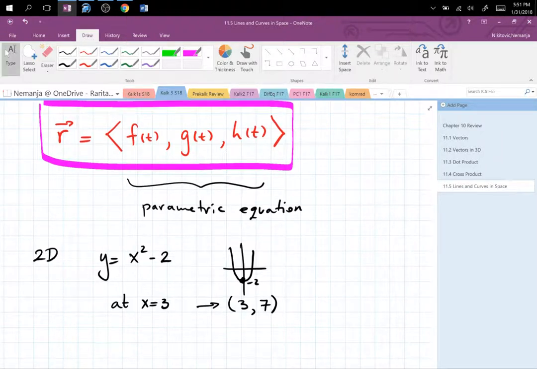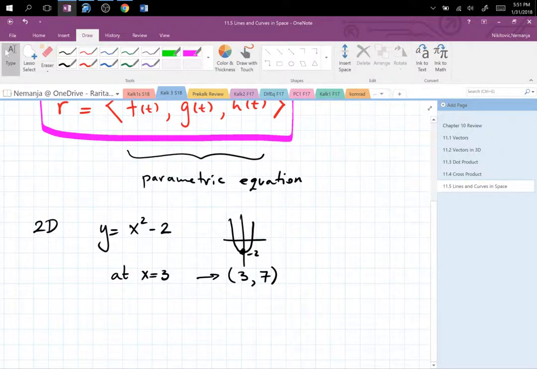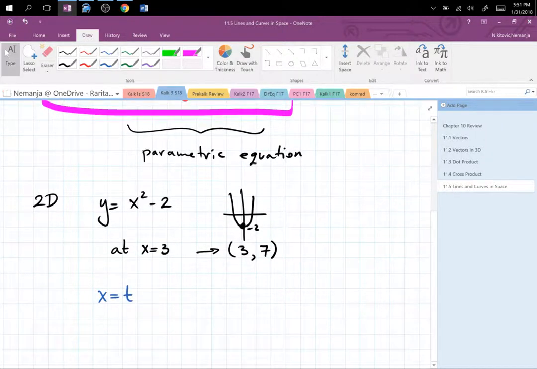But we also talked about parametric equations, and we said that for this particular case where you actually already have a function, it's not necessary to do the parametric equations at all, but you can. So we said we can just quickly get the parametric set by writing x equals t and then y equals t squared minus 2. And you can clearly see that if you plug in t equals x in the second equation, you're getting x squared minus 2.